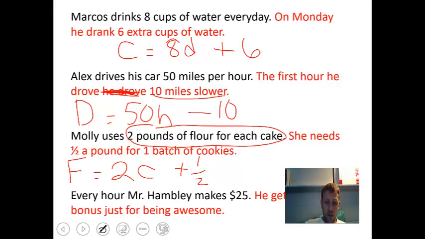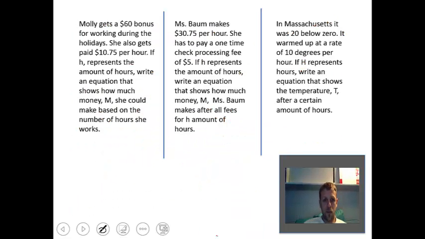Every hour Mr. Hambley makes $25. He gets a $50 bonus just for being awesome. So he puts $50 extra, but he gets $25 every hour. That's his total amount of money. Okay, let's start off with some examples.